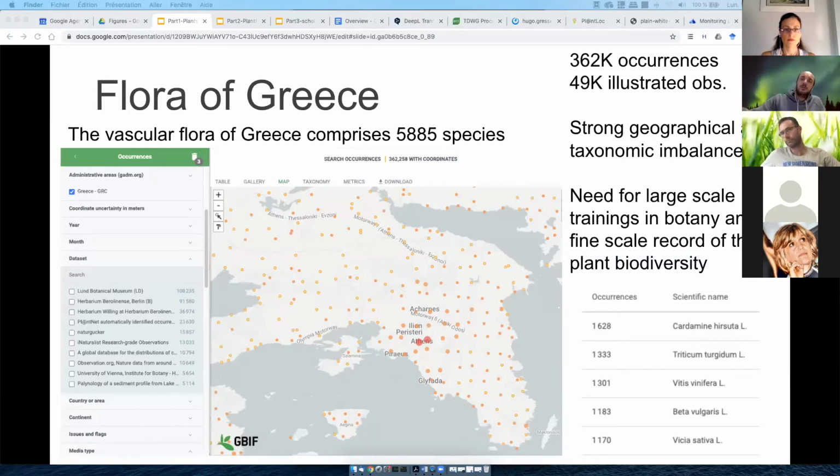Below, in the bottom right corner, we can see the number of occurrences for the most recorded species in that platform. And as we can see, some species are recorded by more than 1,000 occurrences. So this illustrates the fact that a lot of them are illustrated with a really, really small number of occurrences.